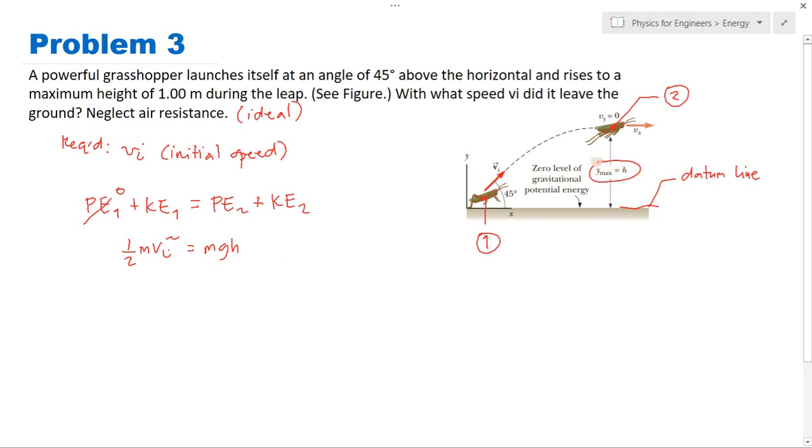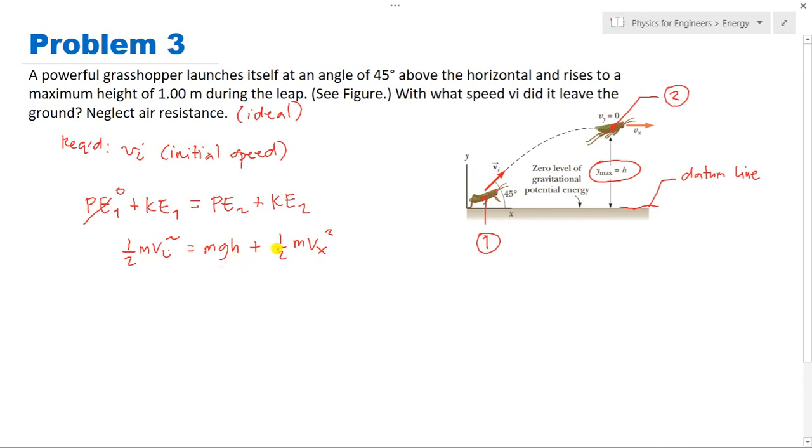So mgh plus kinetic energy. Although there is no velocity component in y, we still have a velocity component in x. So that would be 1/2 m vx squared.